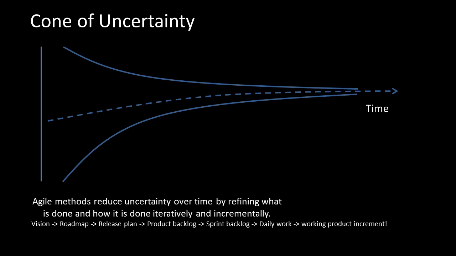Every day they check the progress that they're making on building those items, so that by the end of the sprint they should have a working product increment. And that's really important because we want something that's working, because if it's working we've reduced uncertainty in what we actually have.